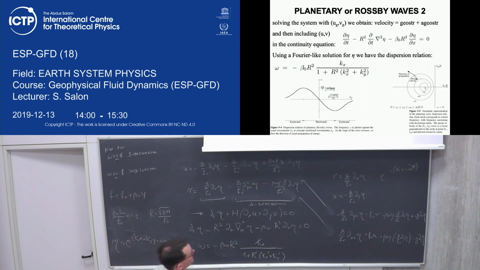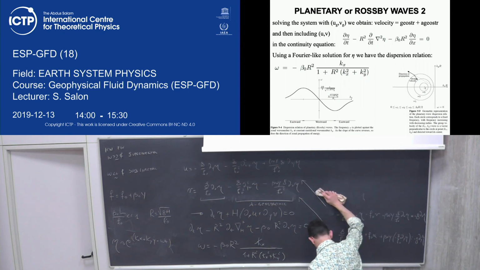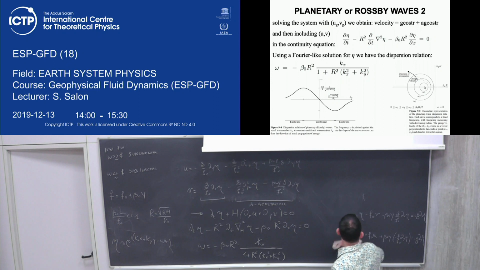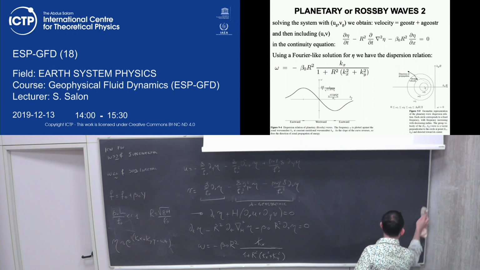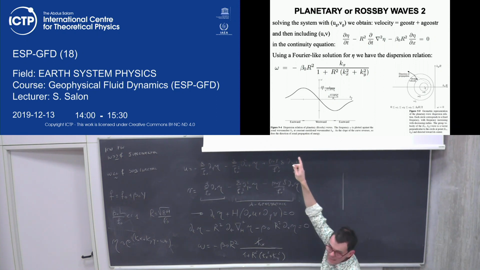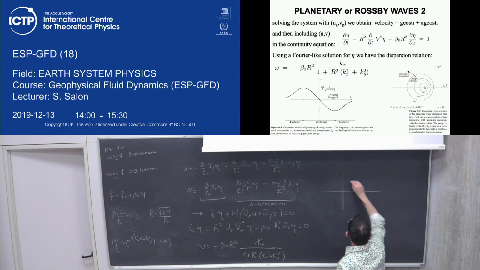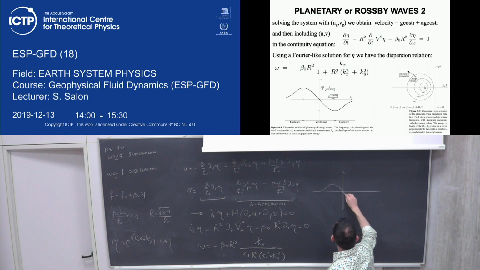So if we analyze this function, how omega changes with respect to kx. So we fix ky, okay? So we fix the meridional wave number, and we let omega vary with kx. So it's something like this, okay?